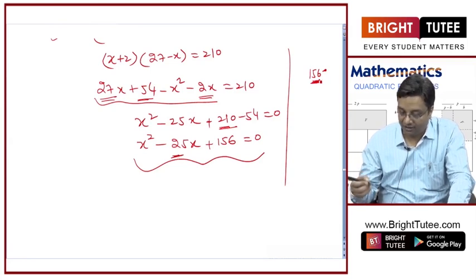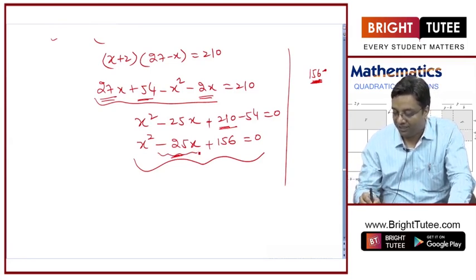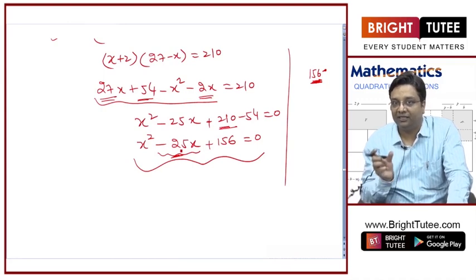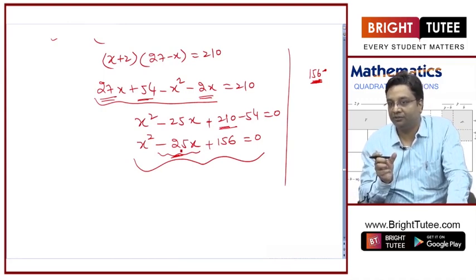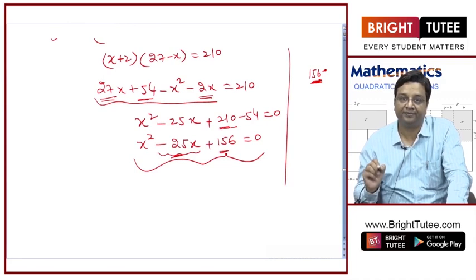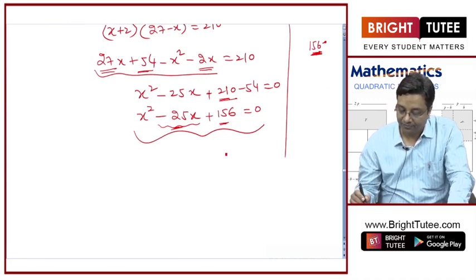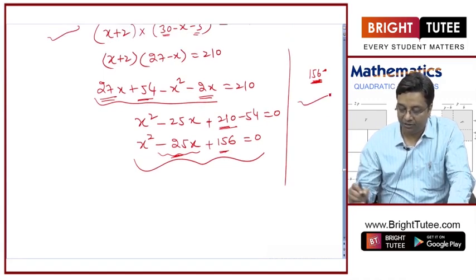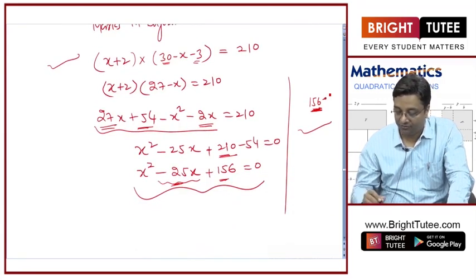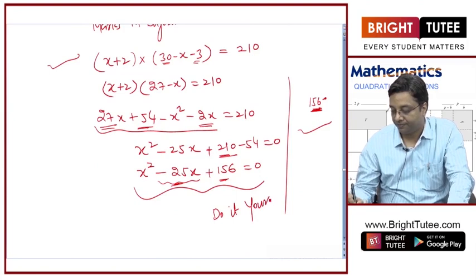Or you can say it in other way, that you need to split this middle term in such a way that the product of those terms is equal to 156, right. So I leave this part to you, because we have solved enough questions of factorization. Now you should be able to do it yourself.